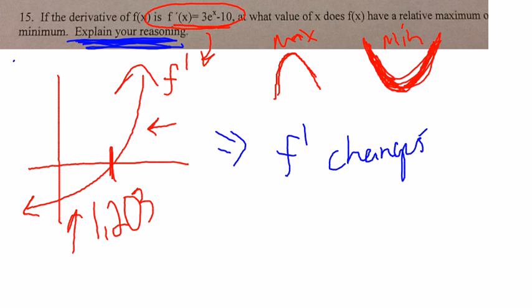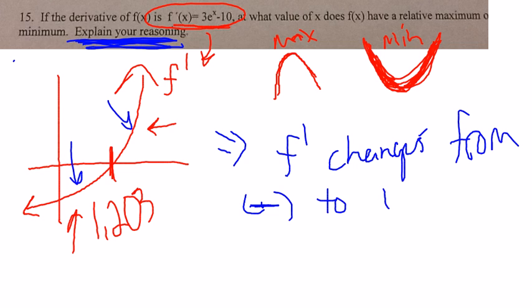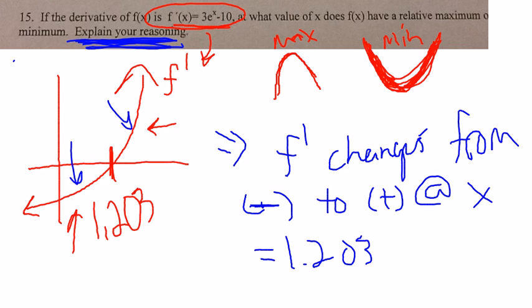They'll be really specific about that on the AP test. From negative, so it's currently negative, to positive at x equal to 1.203.